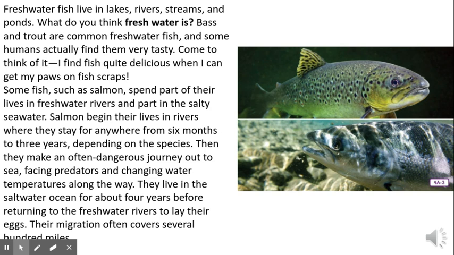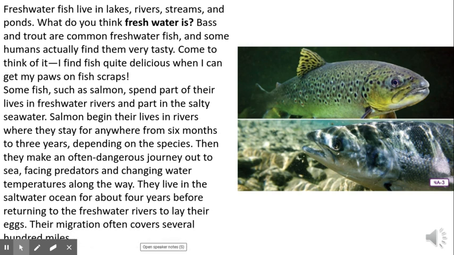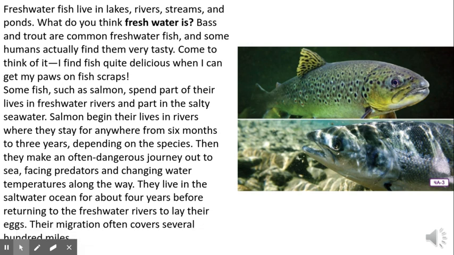Some fish, such as salmon, spend part of their lives in freshwater rivers and part in the salty seawater. Salmon begin their lives in rivers where they stay for anywhere from 6 months to 3 years depending on the species.